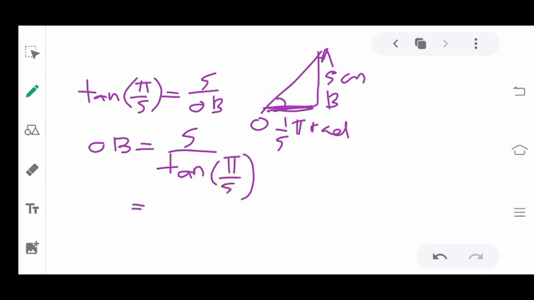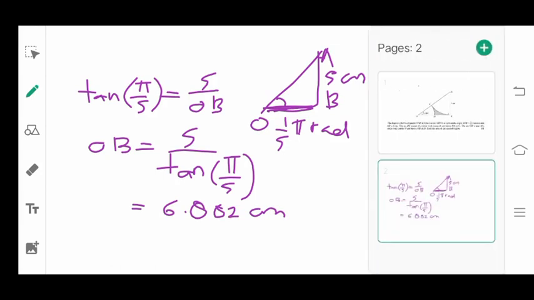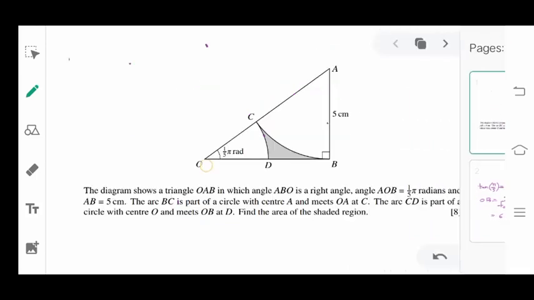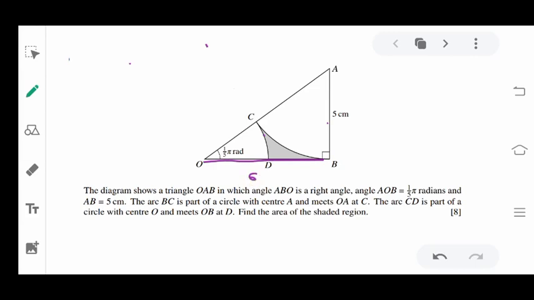That is equal to 6.882 centimeter. So OB is 6.882 centimeter.